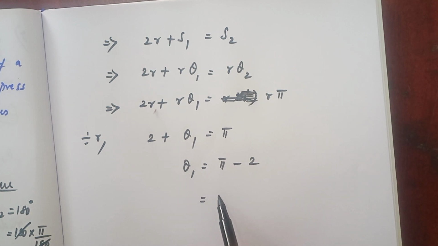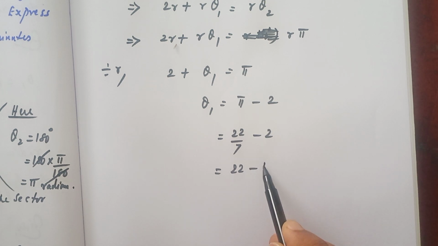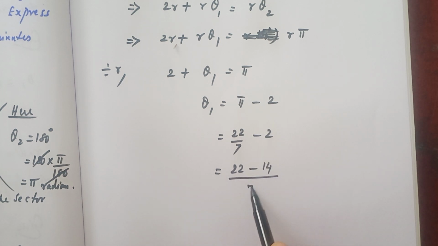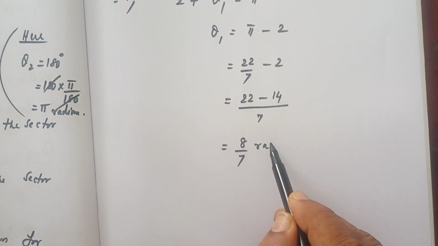Pi value is 22 by 7, minus 2, that is equal to 22 minus 14 divided by 7. 7 is the LCM, so we get 14. 22 minus 14 is equal to 8. So 8 by 7 radians.